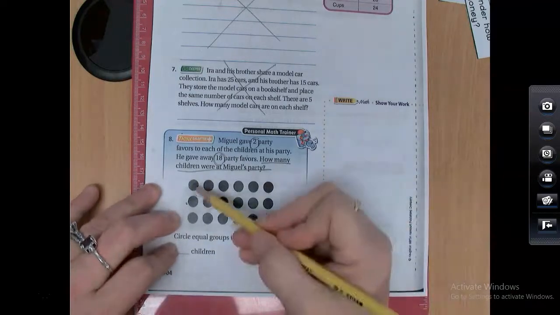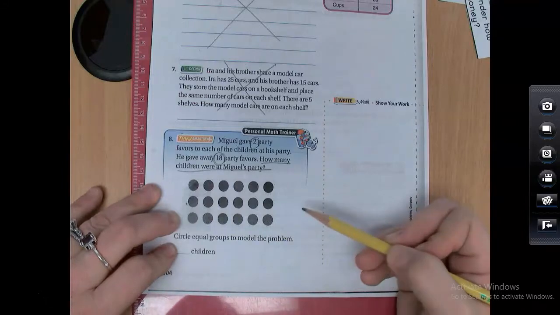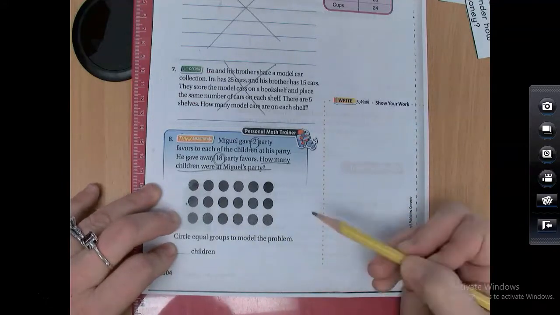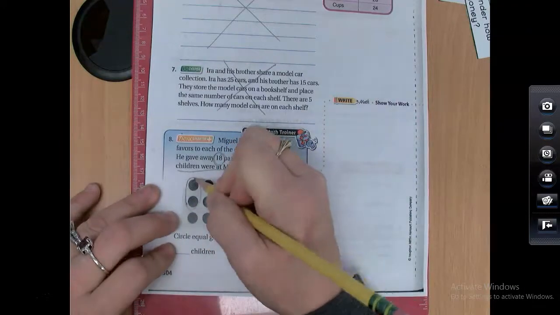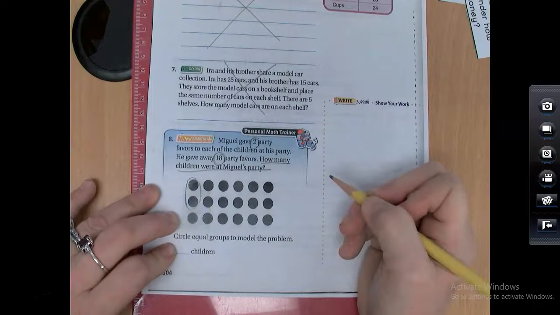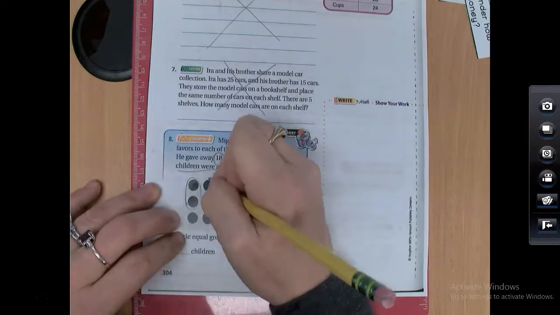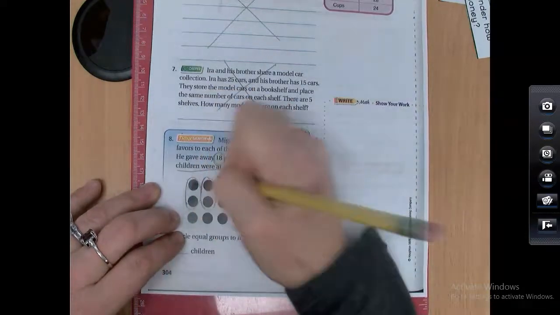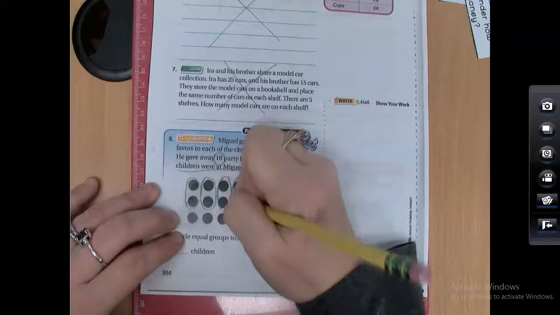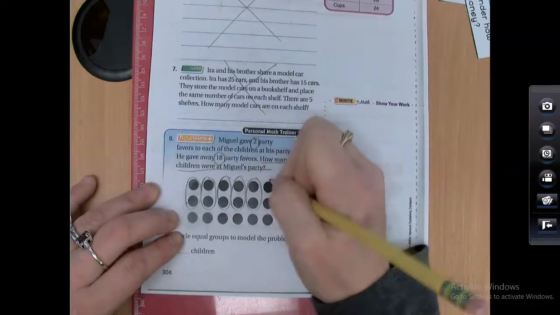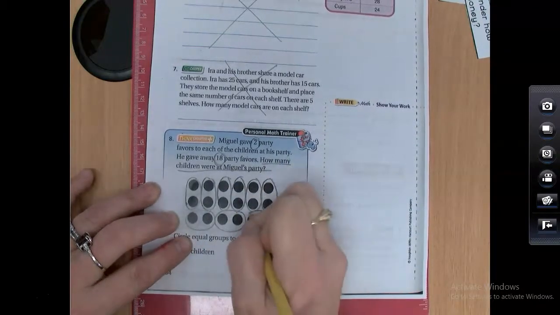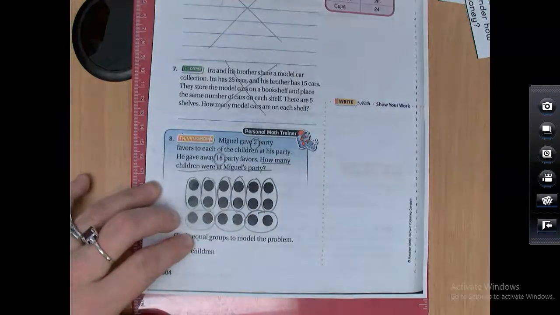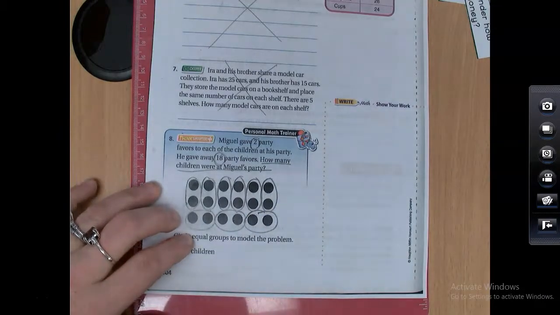So if I have 18 party favors and I gave 2 to each child, let's put them in groups of 2. Because if I circle 2 counters, that's 1 child. Another one, 2. So go ahead and circle these counters in groups of 2, because he gave 2 party favors to each of the children at his party.